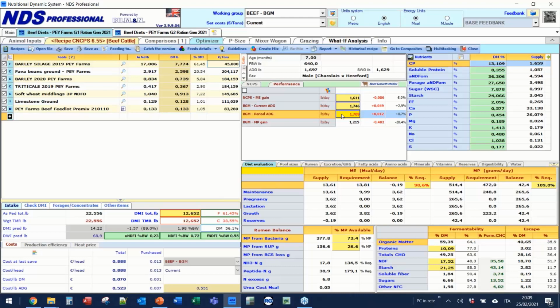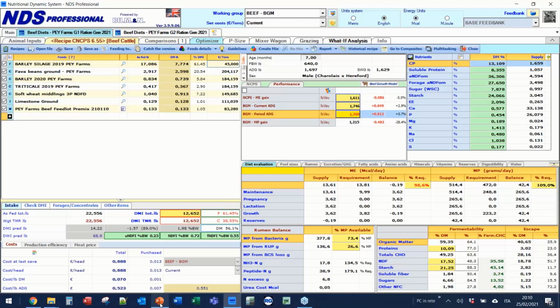Because in some cases, based on some inputs not included in the animal input appropriately, sometimes we notice that the predictions of average daily gain are, let's say, disconnected from the requirements and should be much more related to the real metabolizable energy we are supplying with the diet.